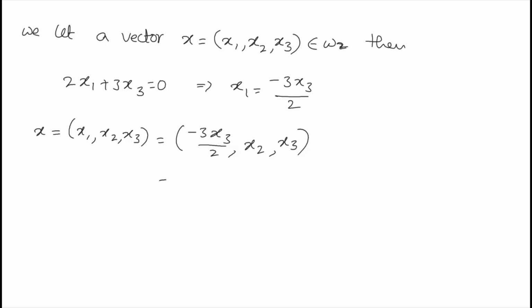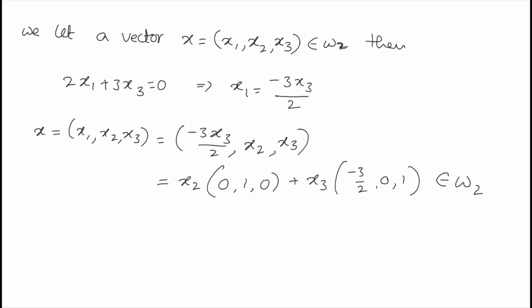This vector can be written as the linear combination of two vectors: x2 times (0, 1, 0) plus x3 times (minus 3 divided by 2, 0, 1), which is in the subspace W2.